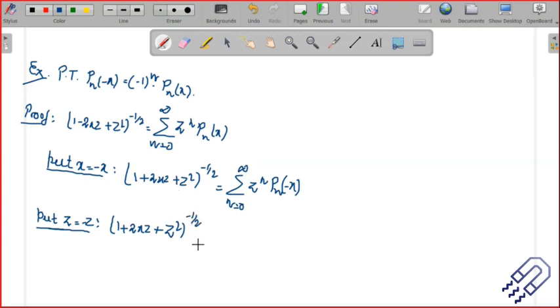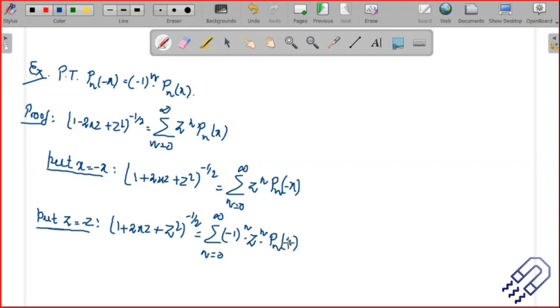So you see the left hand side remains the same, the right hand side is definitely going to change here. n = 0 to infinity, this is z^n, so that means if I write it down as (-z)^n, I can simply write it down as (-1)^n z^n P_n(x).